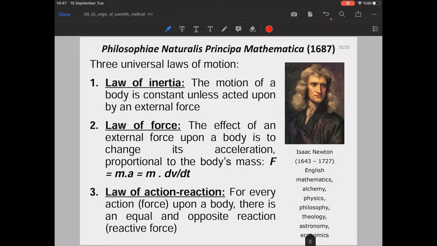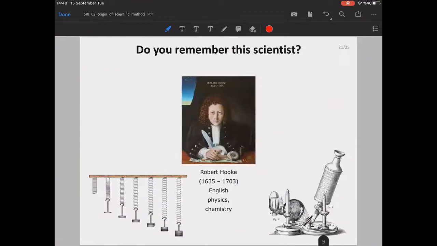This is the law of inertia. And the law of force is that the effect of an external force upon a body is to change its acceleration proportional to the body's mass. Okay. And finally, the law of action-reaction. For every action force upon a body, there is an equal and opposite reaction, which is called reactive force.